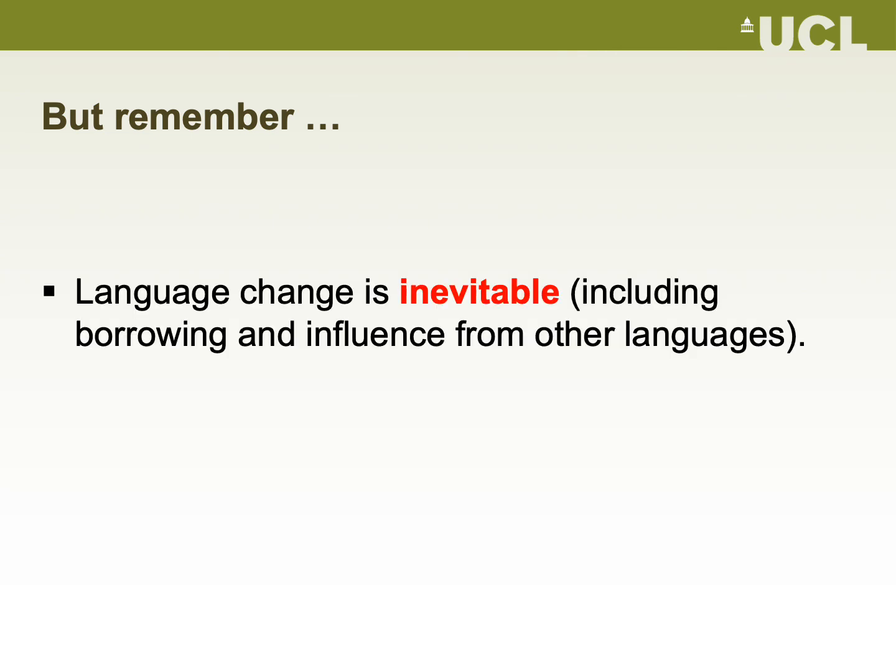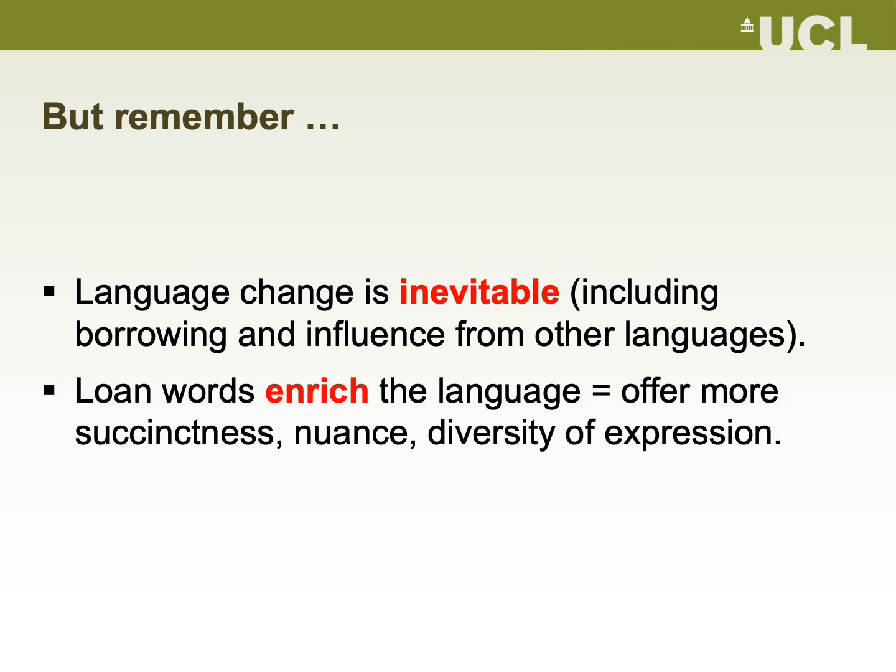So to sum up, I think it's important from a linguistic perspective to remember the following: that language change is inevitable, and this includes borrowing and influence from other languages. Languages have for centuries borrowed from each other for social, cultural, political, and geographical reasons. This has been the case and will continue to be the case. That loan words, Anglicisms in German, are there for a reason.